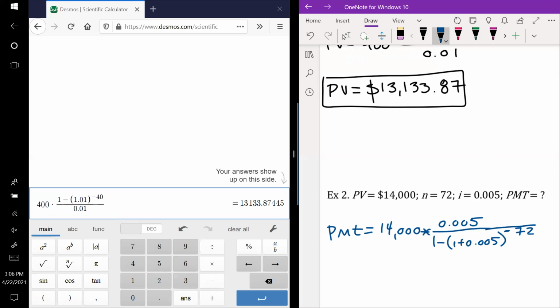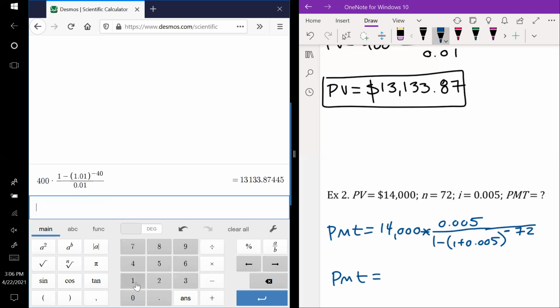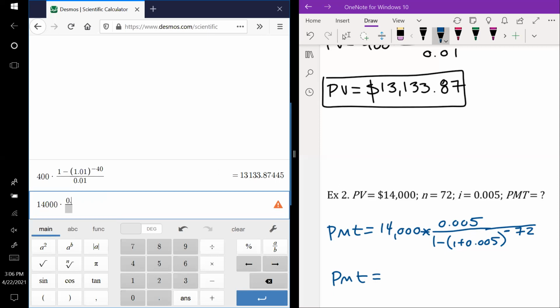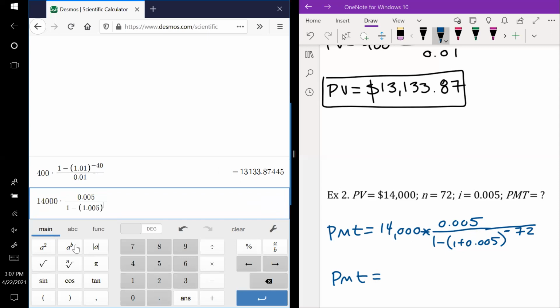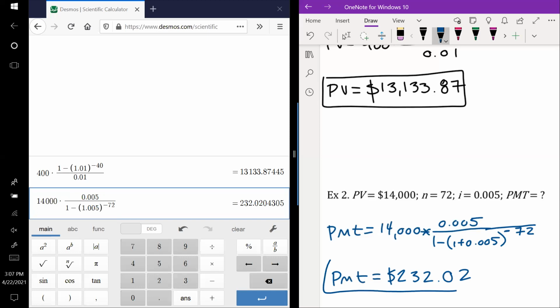Okay. And now just plug in the calculator, just as I wrote it. 14,000 times 0.005 over 1 minus parentheses 1.005 raised to the negative 72, and we get the payment is going to be $232.02. All right.